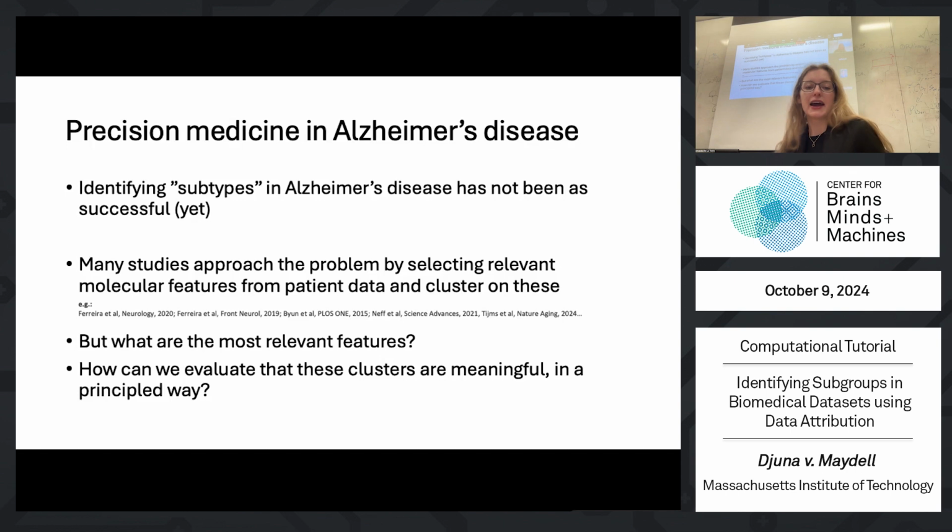And secondly, how can we evaluate that any of the clusters we identify are meaningful to the disease? You can cluster on pretty much anything and identify subclusters, but how do we test in a principled way whether they are meaningful to the disease and the disease mechanism? These are the two questions I want to get at.